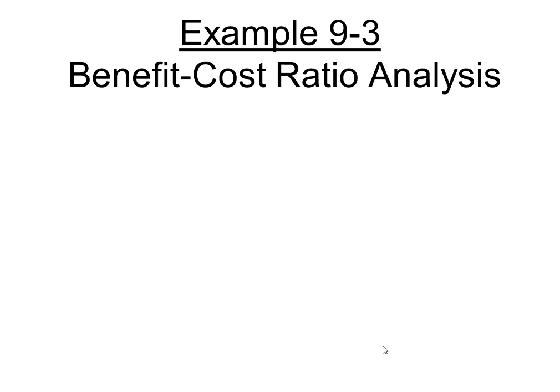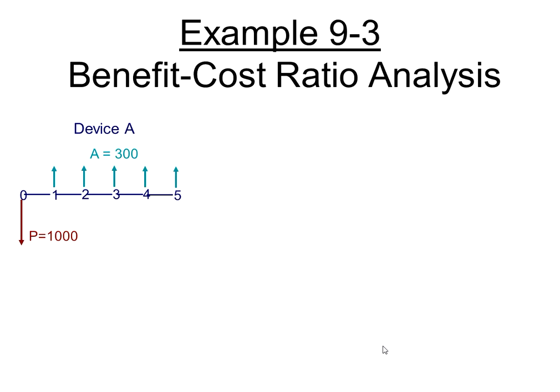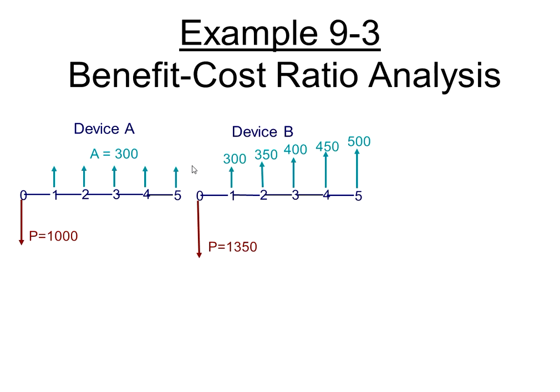So now let's take a look at an example. Here we have two devices. Device A has some initial cost and then uniform annual benefits. Device B also has an initial cost, but rather than constant uniform benefits, we have an arithmetic gradient series.